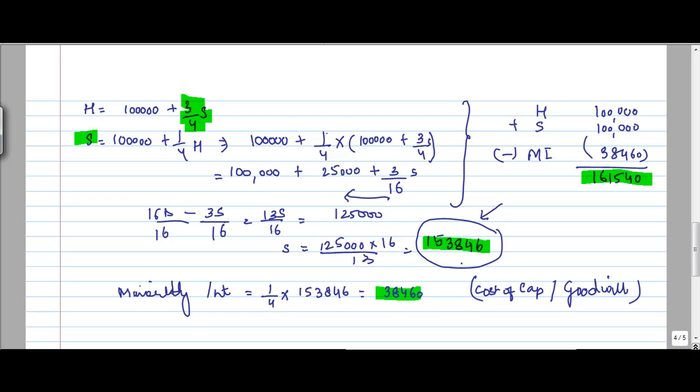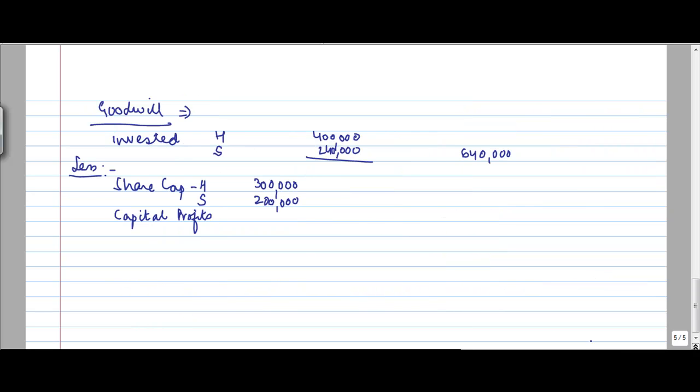Okay. Out of which 38,460 belongs to the minority. So what was the share of H Limited in the capital profits of S Limited?